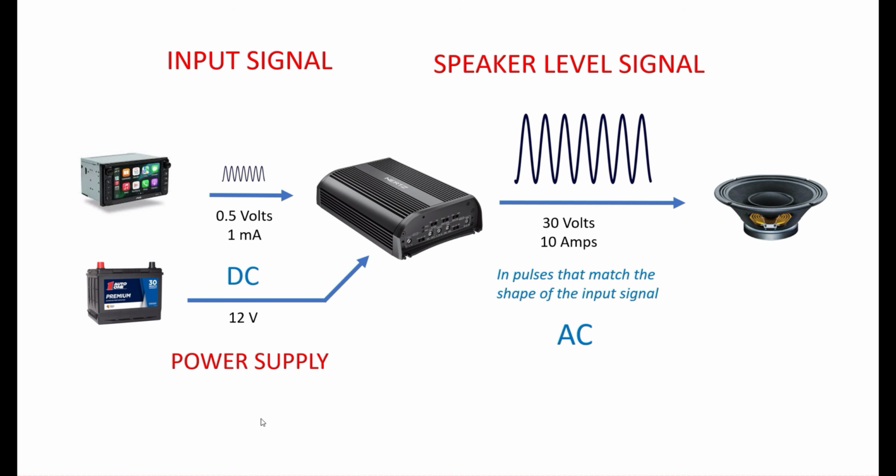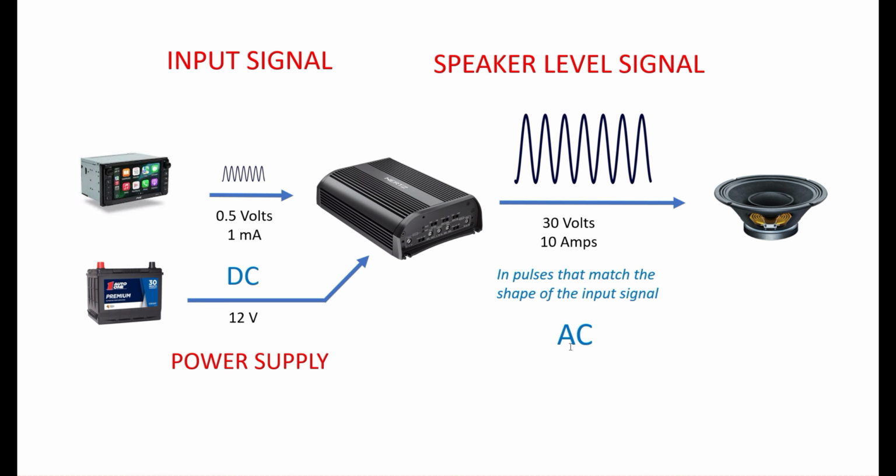The third thing that an amplifier does is convert the car's direct current power supply, the 12-volt battery power supply, or if you're running your car, the alternator at 13.8 volts or whatever it is, and converts that to an alternating current power supply.